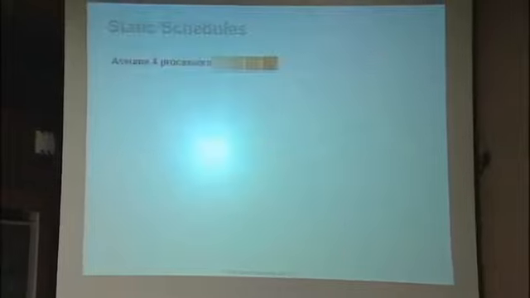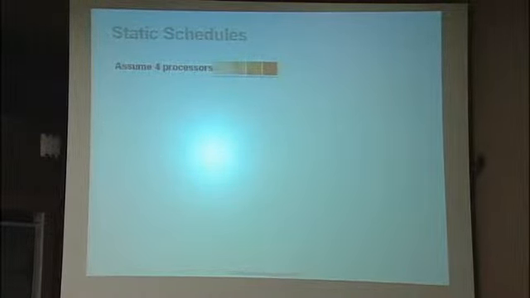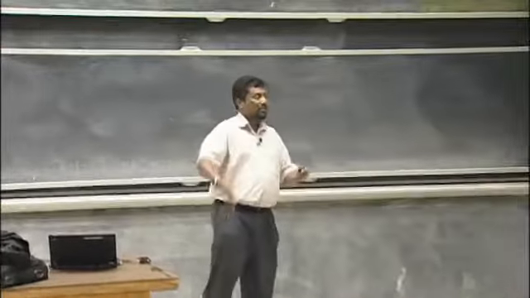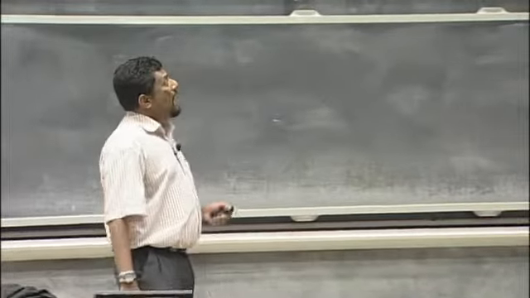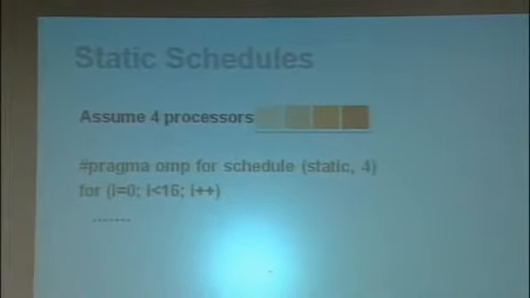Let me get a little bit into detail. Assume you have four cores, four processors. Now in OpenMP, you are basically opening the entire world underneath, and you have to see what's going on. If you say schedule static chunks of 4, assume you have 16 iterations.